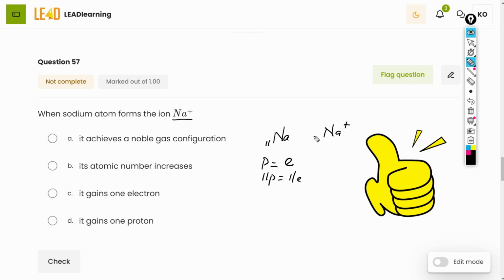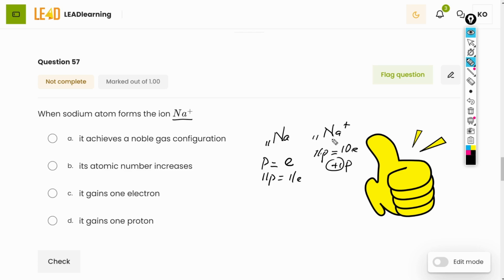So even though the proton number is still 11, the only way the proton number would be more than the number of electrons is that sodium has lost 1 of its electrons. So 11 protons and 1 electron was lost, so we now have 10 electrons. 11 minus 10 gives us +1 on the side of protons.